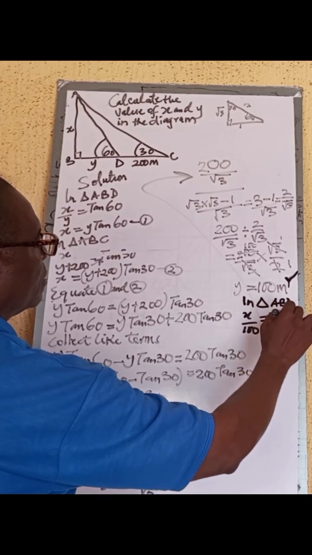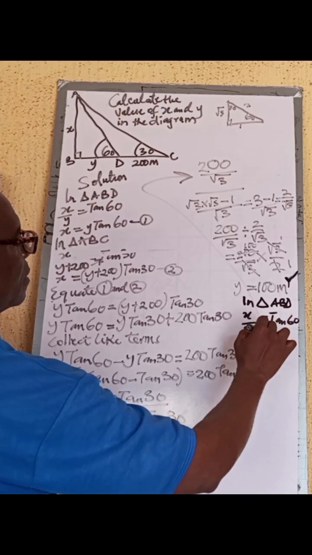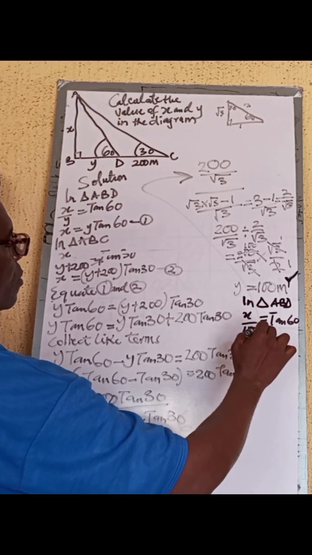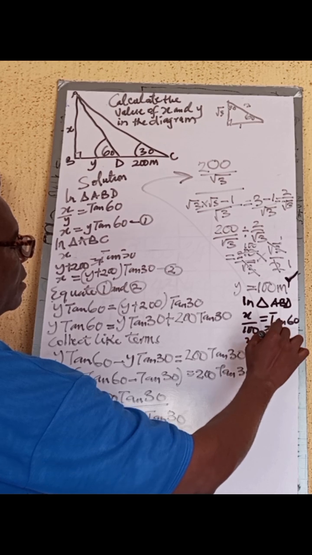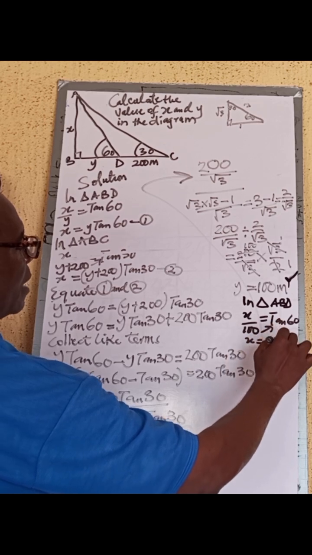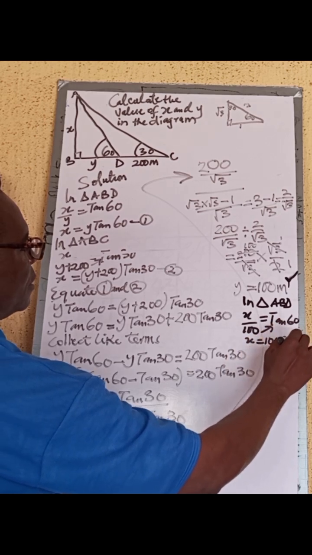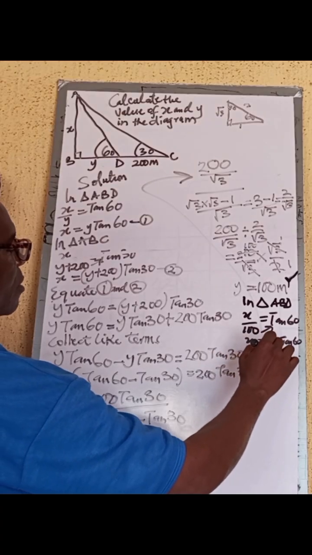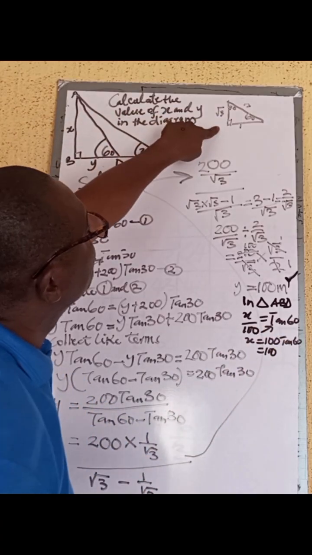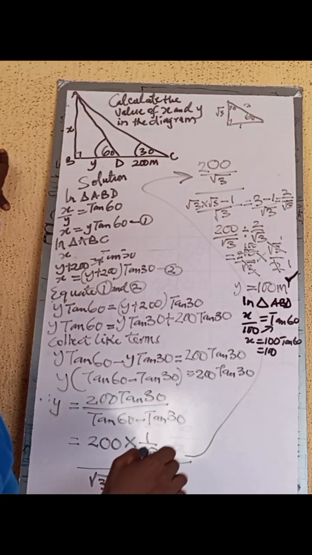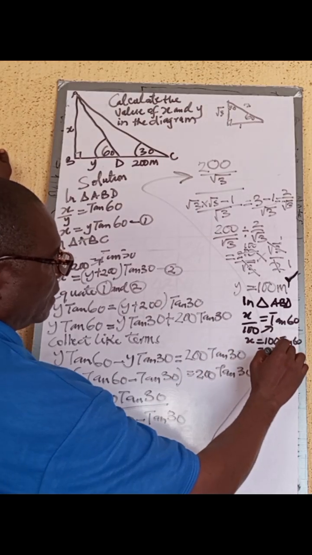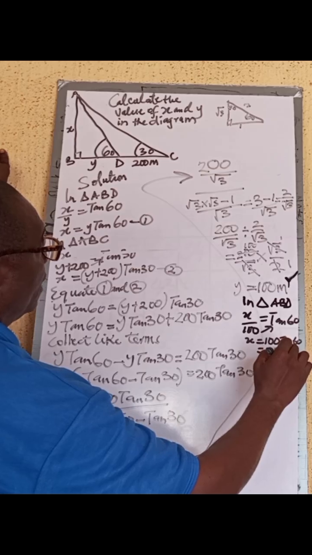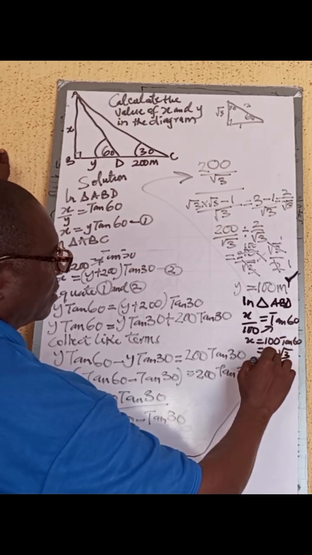Very simple. We're looking for x. x now is equal to 100 tan 60. From our table, tan, opposite over adjacent, is root 3. That is 100 root 3.